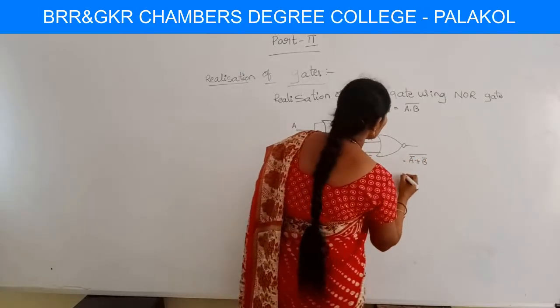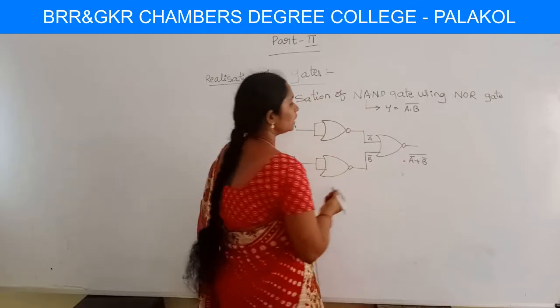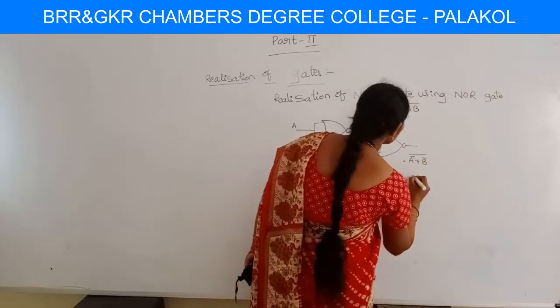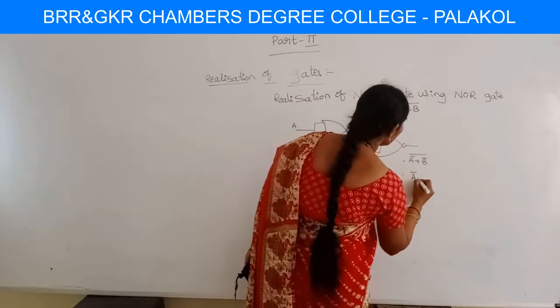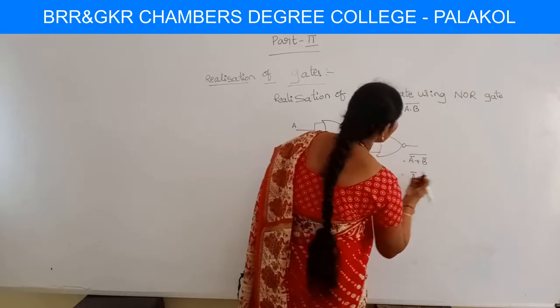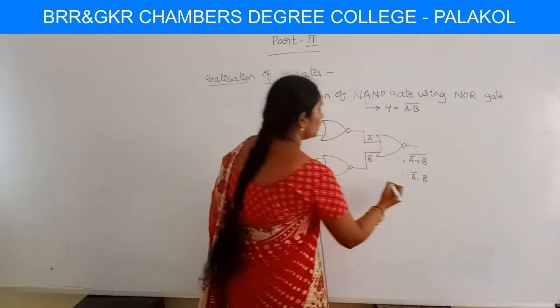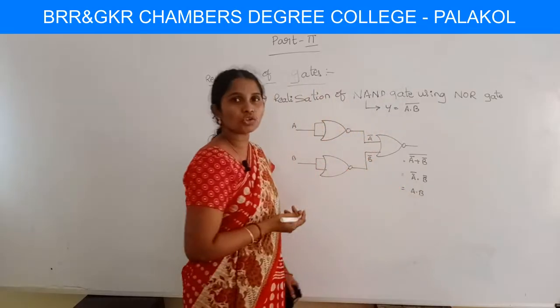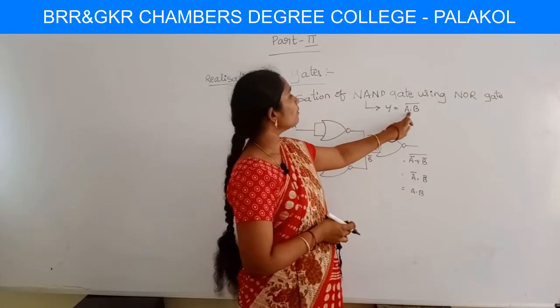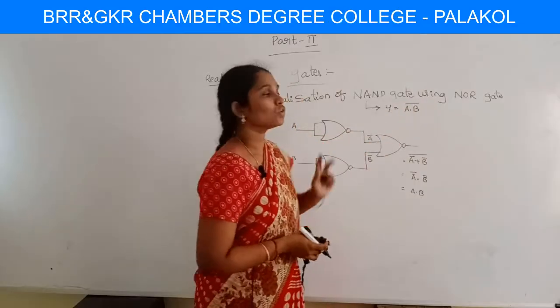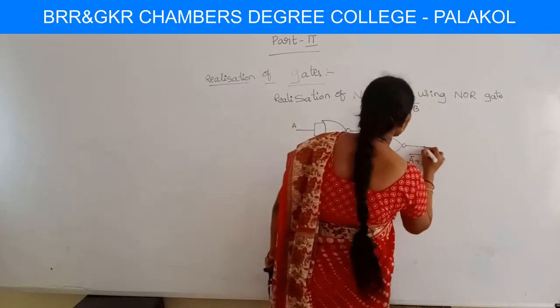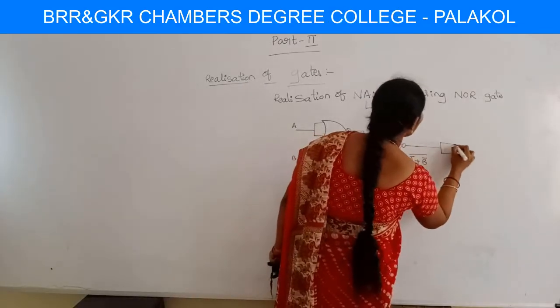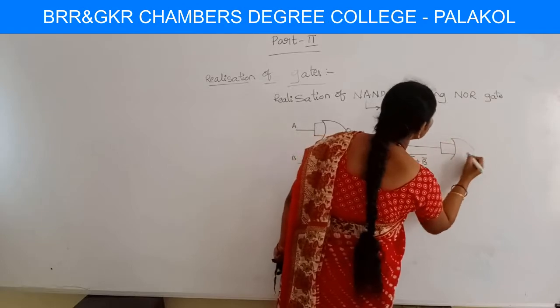So what is the operation here? So here it is A bar dot B bar actually. So this is A dot B, but actually we require A dot B whole bar. So now I use another NOR gate here.